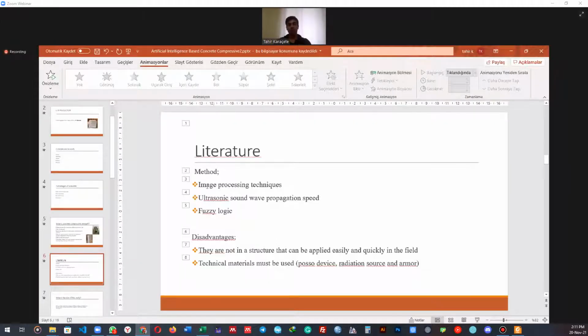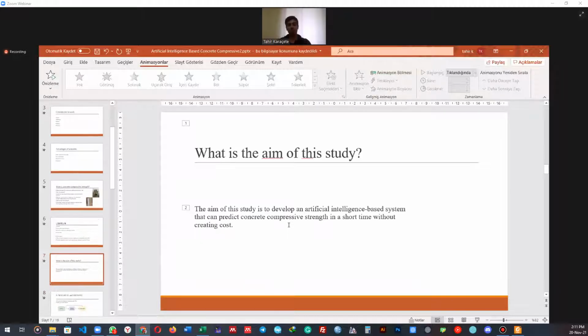If you use image processing techniques, you have to have a specific device. If you don't have it, you can't use it. What is the aim of this study? The aim of this study is to develop an artificial intelligence-based system that can predict concrete compressive strength in a short time without creating cost.